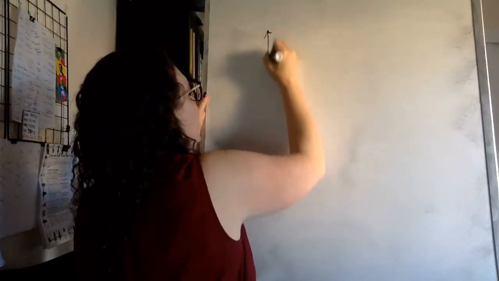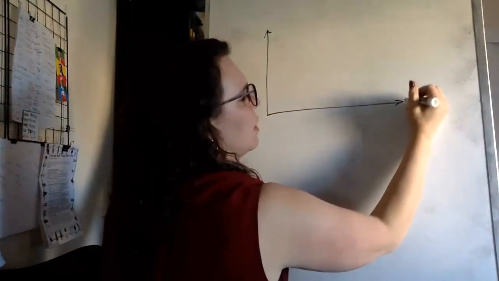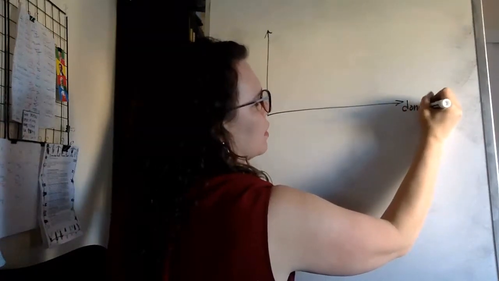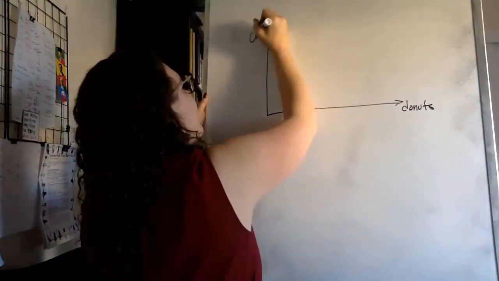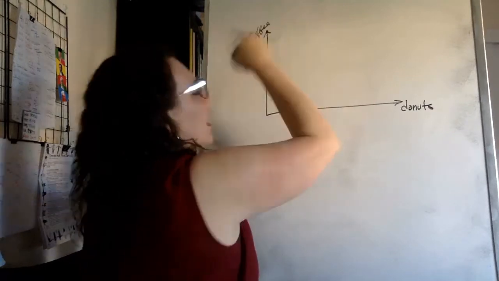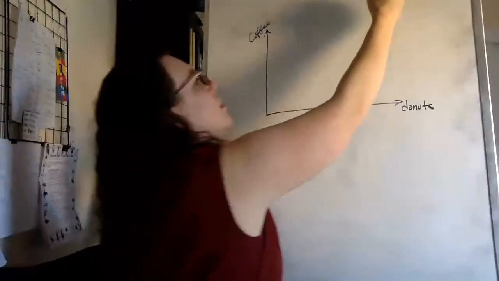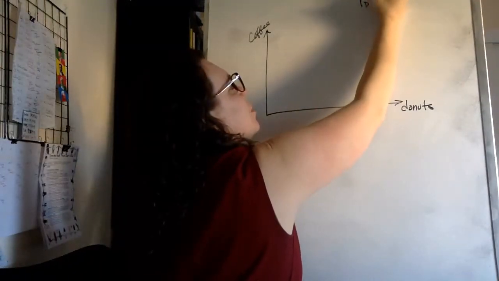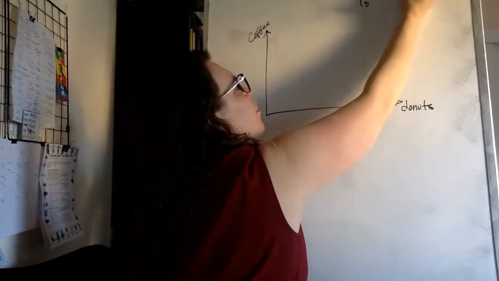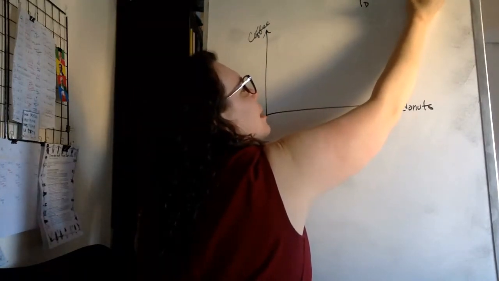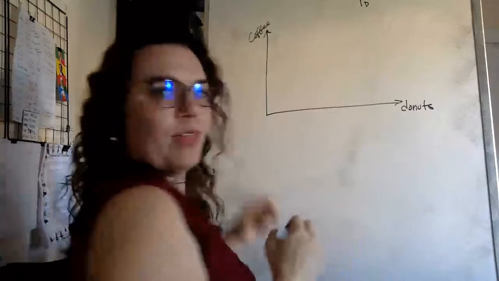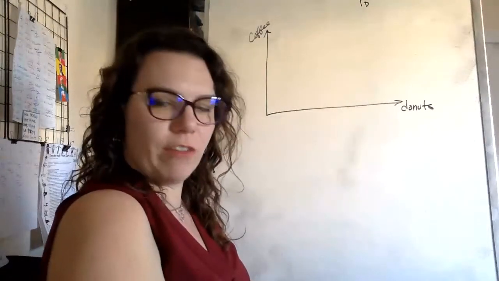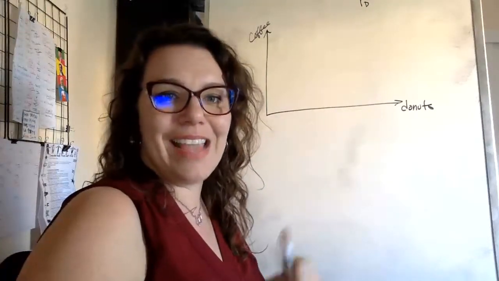We'll start up here with Hugo's demand for donuts and coffee. And we have the price of donuts is $4 and the price of coffee is also $4. And then we have 3 income levels. So our first income level is $8.